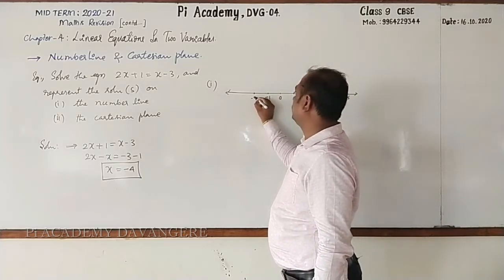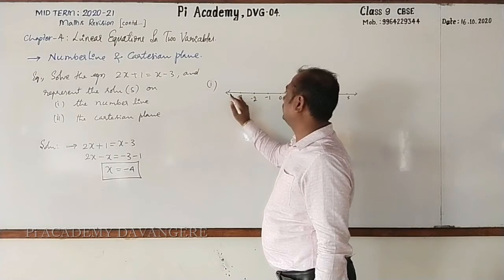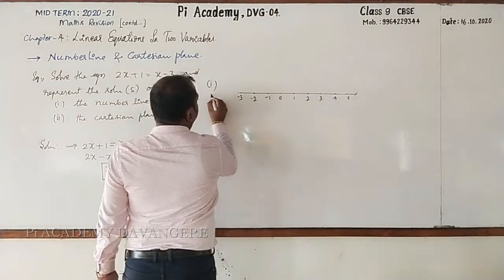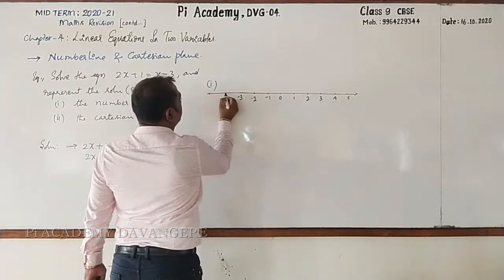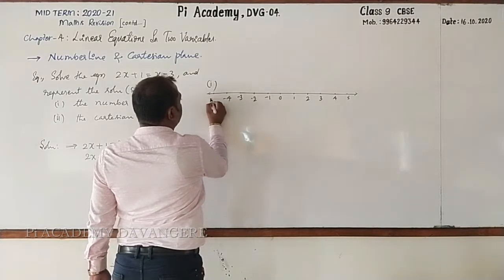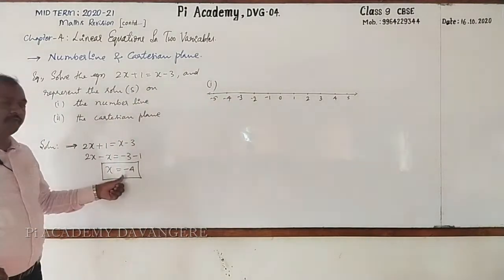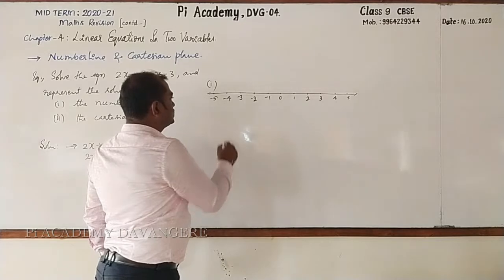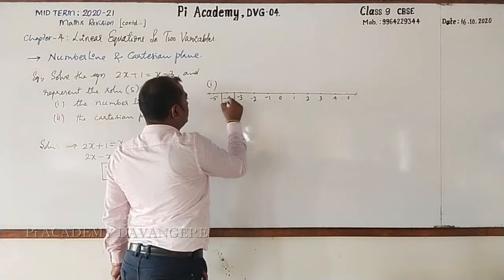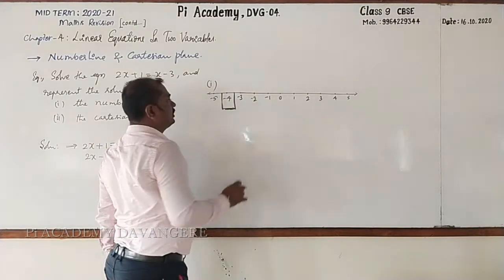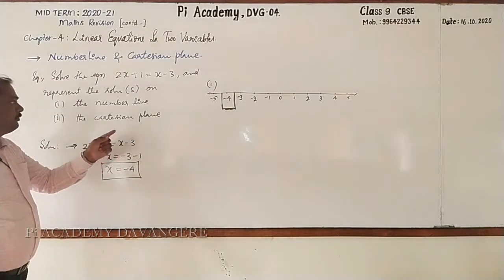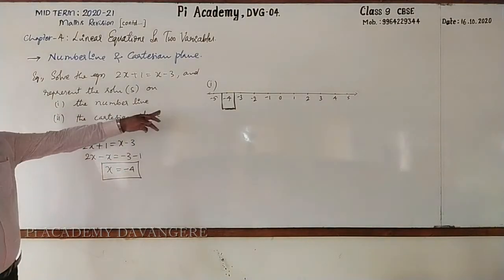Negative 1, negative 2, negative 3, then negative 4, negative 5. But what is the value of x? X is minus 4. Here, you can just represent that with a box. This is the way of representing the solution on the number line.